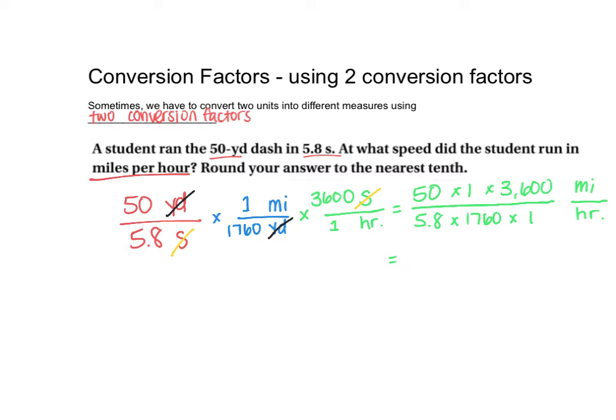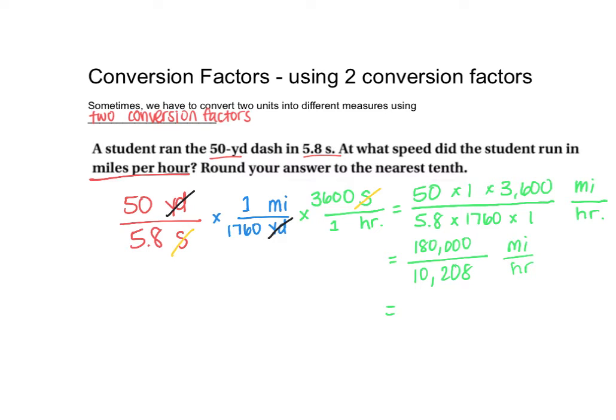This is going to give us 50 times 3,600 is 180,000, and on the bottom we're going to get 5.8 times 1760, 10,208, and that's miles per hour.